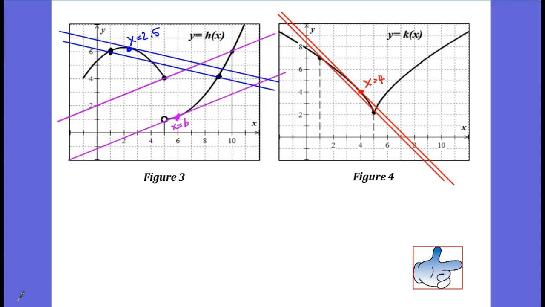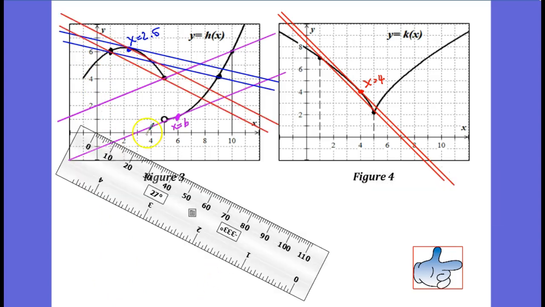Let me change colors to red, and let's put an endpoint. Well, we already have an endpoint at 5. All right, so let's do this. Let me sketch the secant line. And in this case, we seem to have a tangent line located at x equals 3.